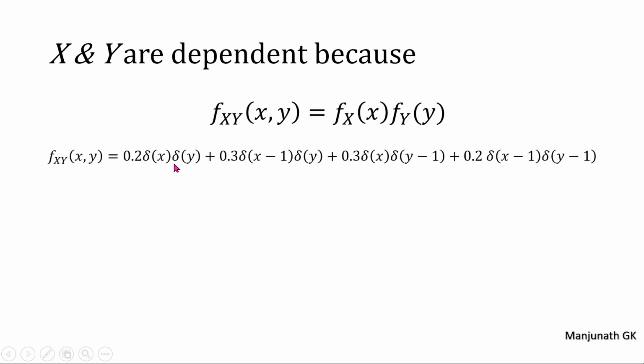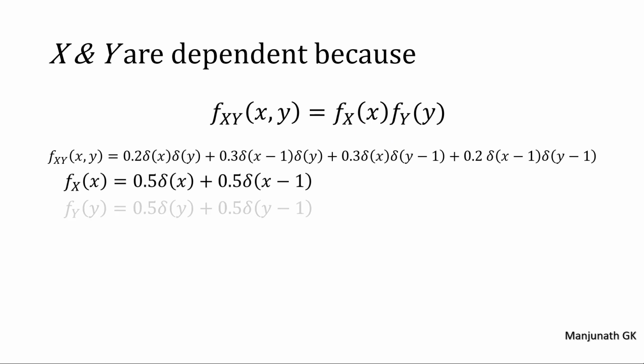The bivariate PDF is given. We have calculated the single random variable PDFs, fx of x and fy of y. Can you conclude on your own whether x and y are independent? If LHS equals RHS, then you can say that x and y are independent in nature. Else they are dependent.